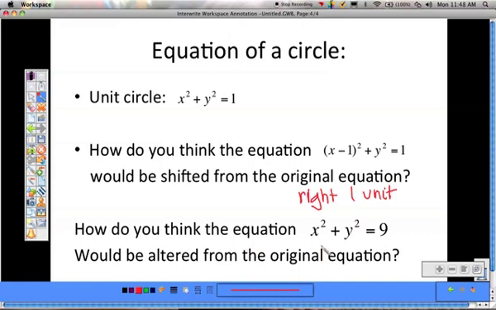How do you think this equation would be altered from the original? Well, look, here the radius is 1. Here we have a 9 right here. Remember, this was our radius squared. X squared plus y squared equals our radius squared. So here, the radius squared equals 9. So let's see what happens. What does this mean?